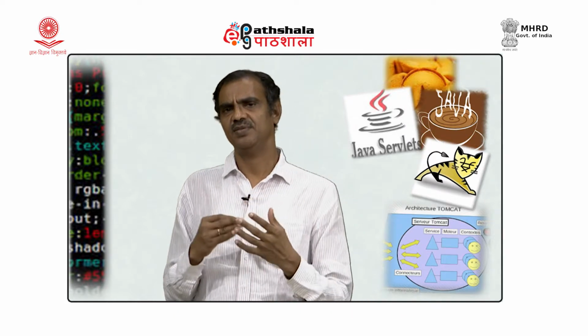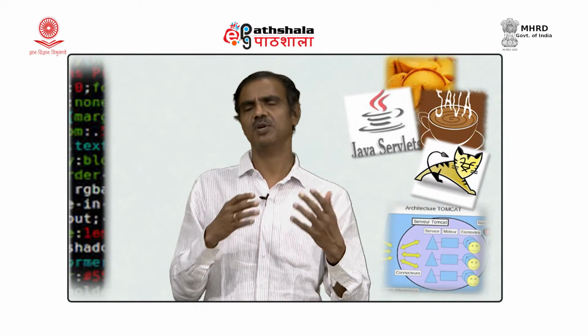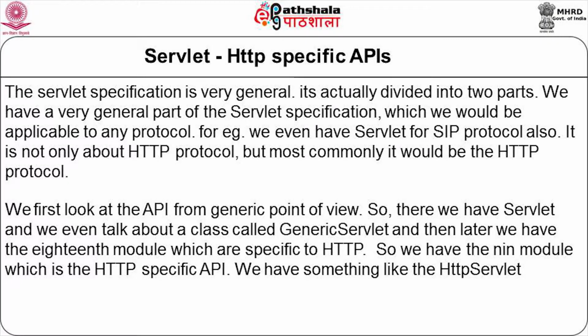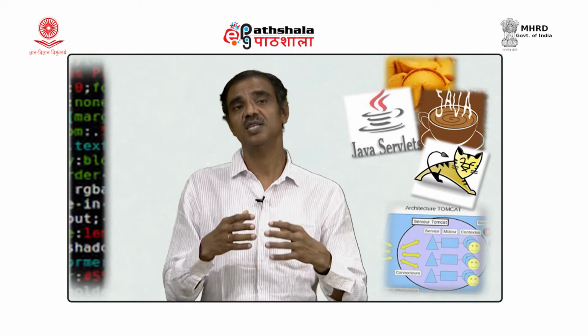After module 18 we have the next modules, because this servlet specification is very general. It is actually divided into 2 parts, you can say. We have a very general part of the servlet specifications, which would be for any protocol. For example, we even have servlets for the SIP protocol also.